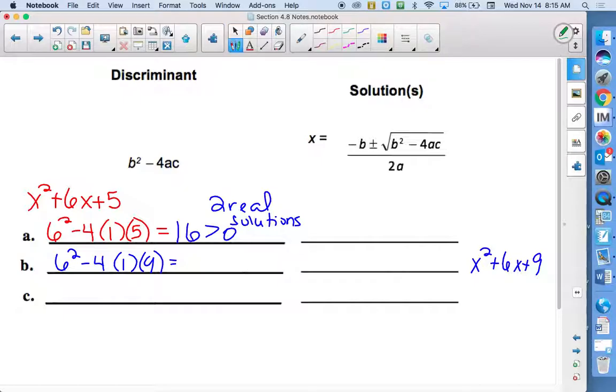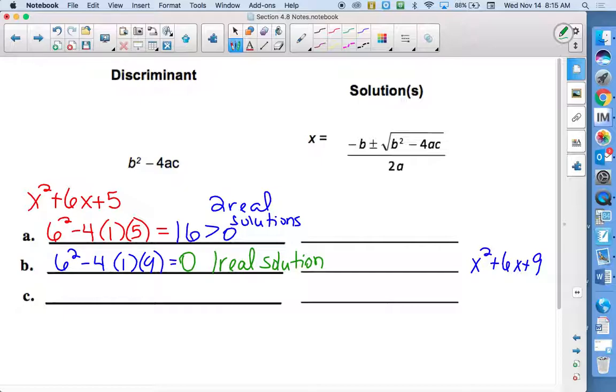Julian? 0. Julian, if it's equal to 0, how many solutions do we have? 1 real solution. So we're going to just get one answer, and it's going to be a nice answer, like a fraction of 3/5, or just a whole number of 2. But that one's going to be a nice answer there.